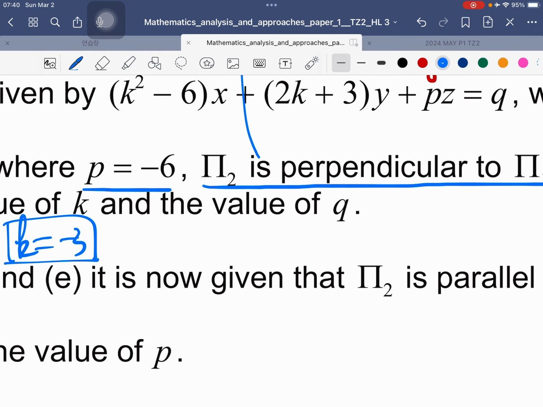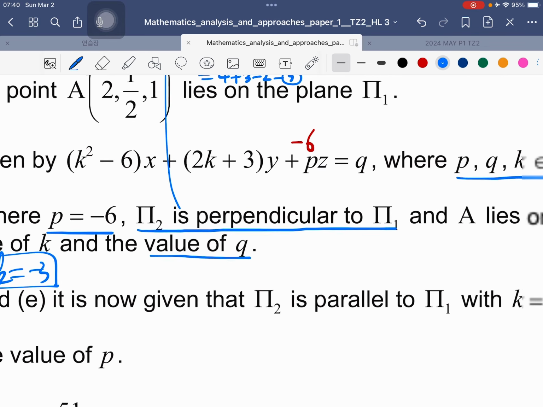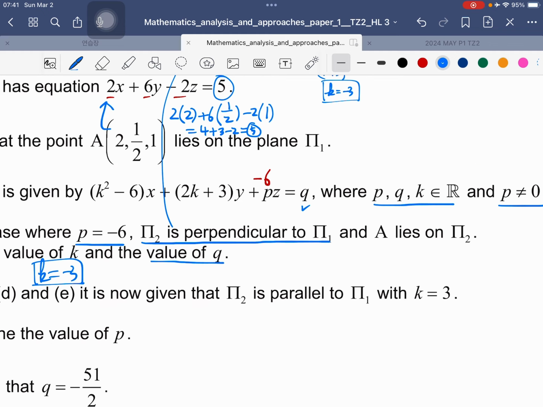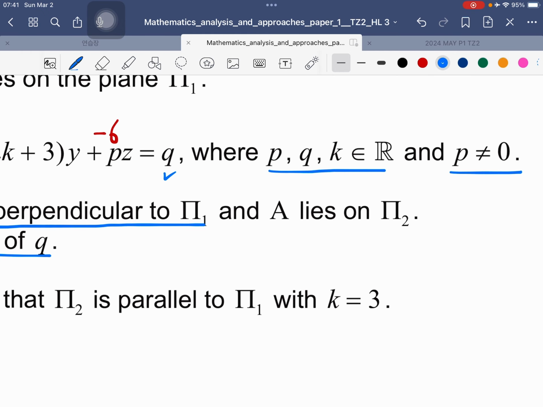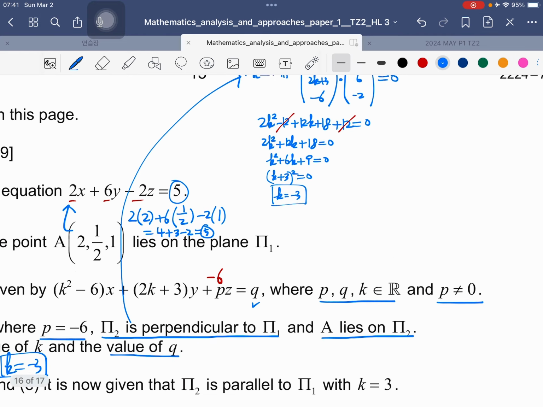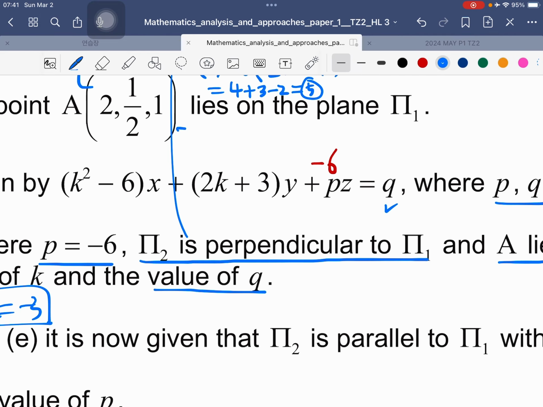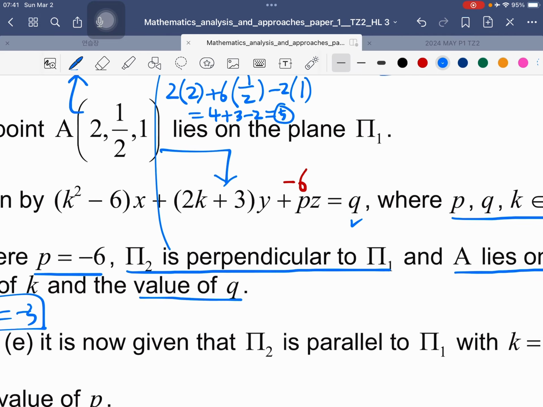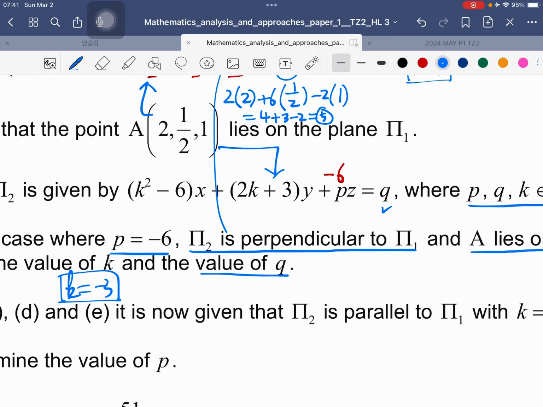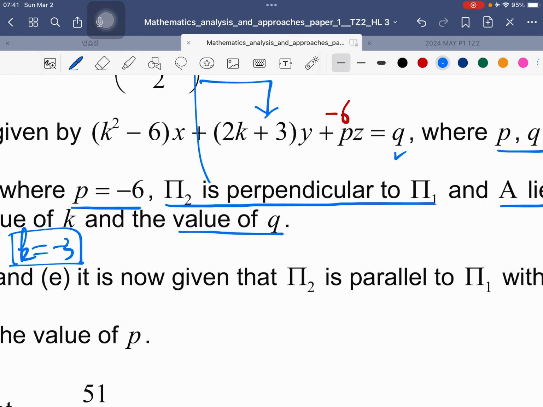And the value of q. Where is q? It's over here. We used the first clue over here. The second clue is that point A lies on pi 2, so this point also lies on this plane. You can just plug in, because k is negative 3.